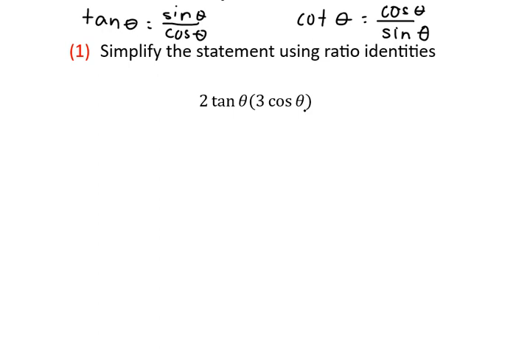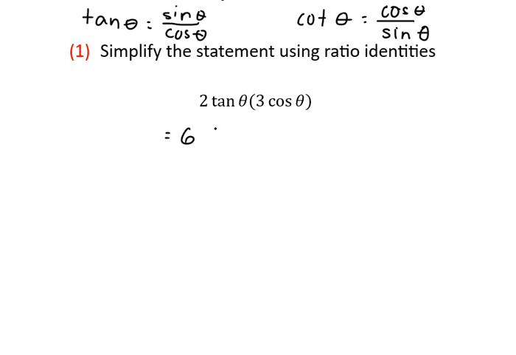That's how we simplify. So in this case, since we know the ratio identity of tangent is sine over cosine, we can cancel out cosine. The first thing we have to do is rewrite the tangent function using sine and cosine. We can also multiply 2 and 3, so 2 times 3 is 6.